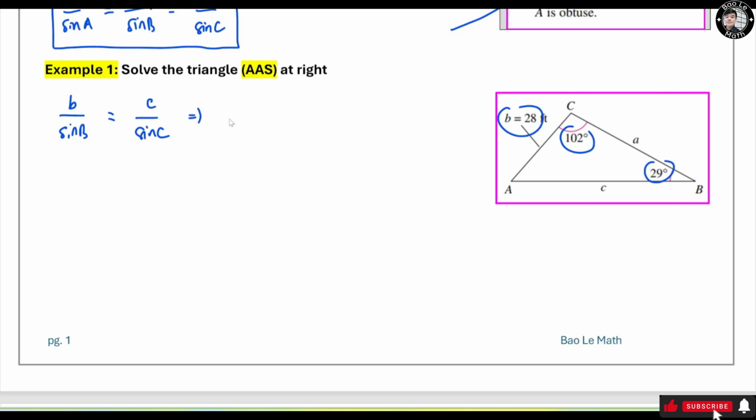We substitute the values: b equals 28 over sine B, which is sine 29, equals c, which we don't know, we just leave it right here, over sine C, which means sine 102, right? Cross multiply, we're going to end up with c equals 28 sine 102.